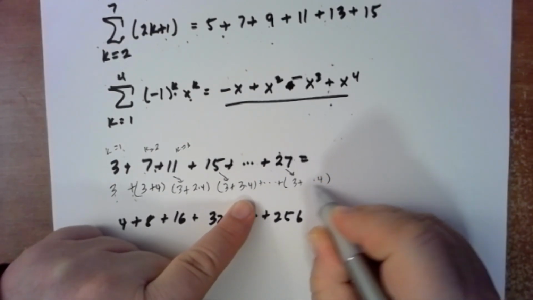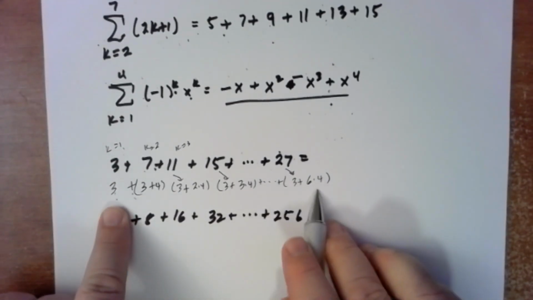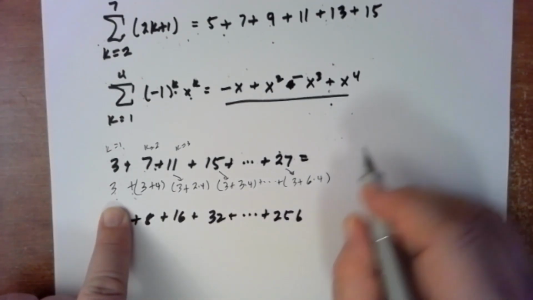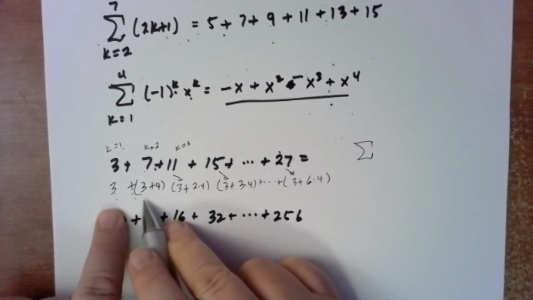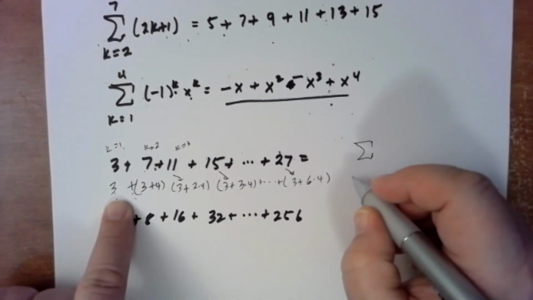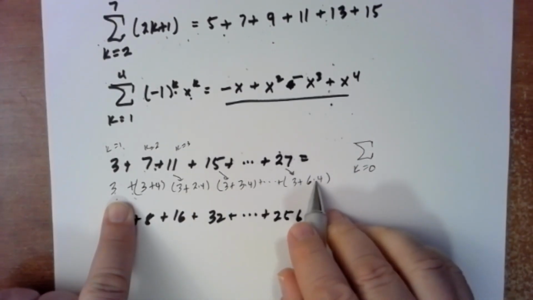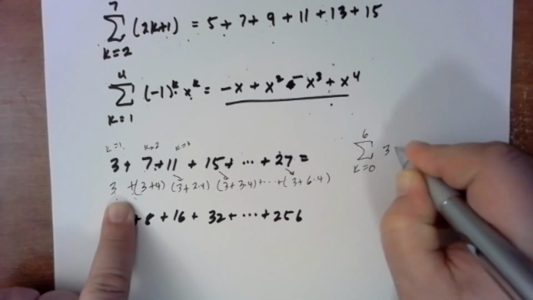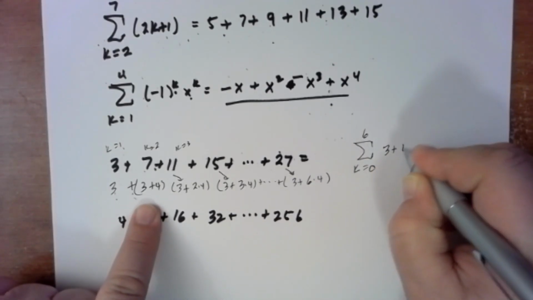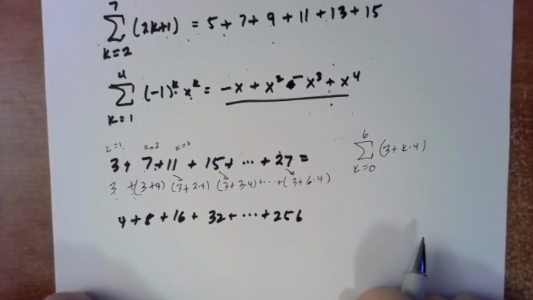It looks like 6 times 4. Right, so I see the pattern now, and so I'm going to write this as a sum. K equals 1. I guess we could start at 0 if we wanted to. So let's start with 0 and end at 6, and then we'll have 3 plus k times 4. Good.